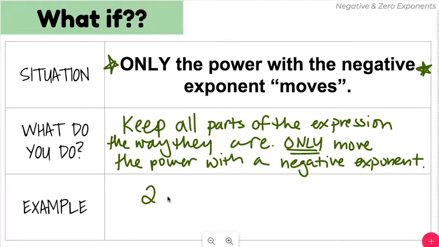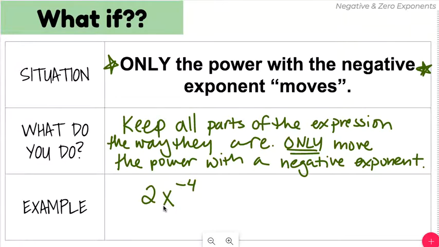When you would see this would be something like this. 2 times x to the negative fourth power. Let me move the 4 over. So here's the thing. 2 is not to the negative fourth power. The only way the 2 would be to the negative fourth power is if you saw parentheses like this. And we don't have those.